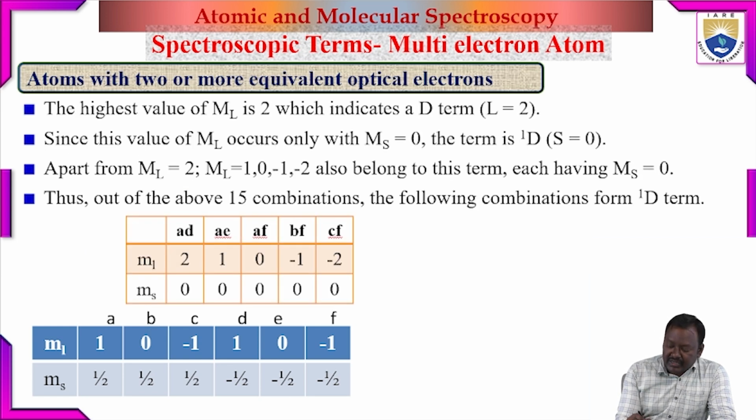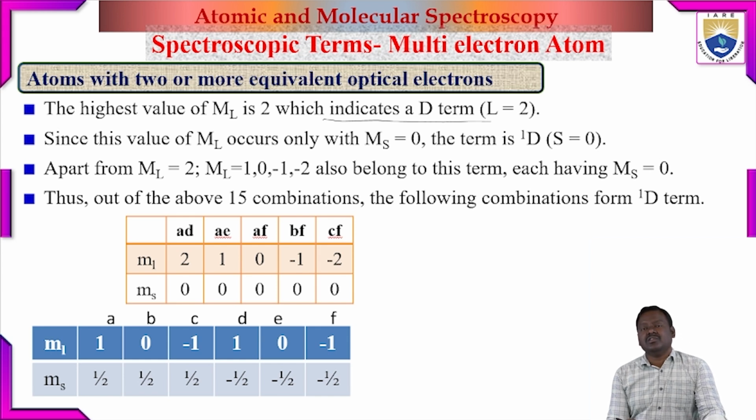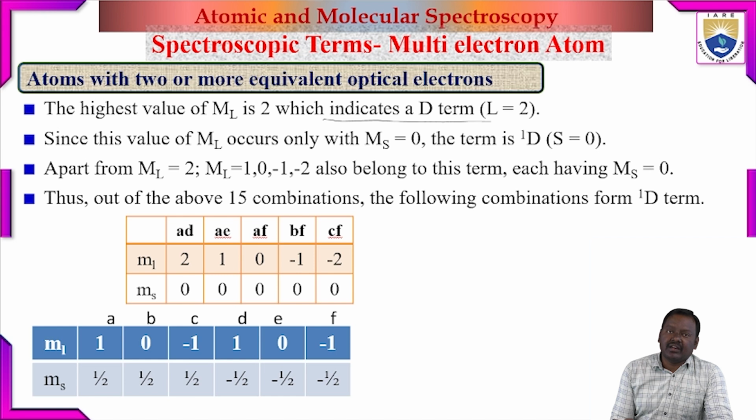So it indicates a D term, the total orbital angular momentum quantum number, and ml equal to 2 can occur only with ms equal to 0.